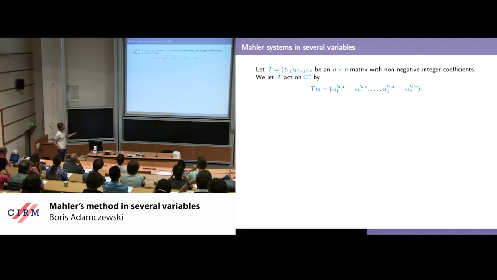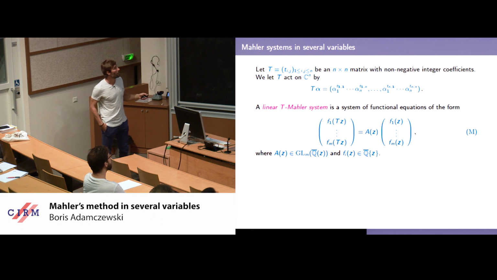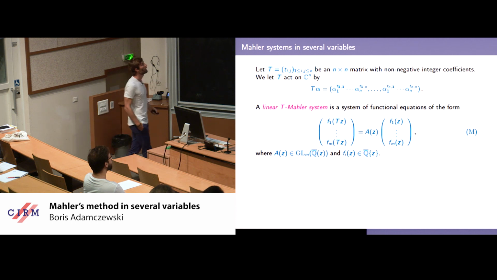Then we consider linear T-Mahler systems, where T is a matrix transformation, and we consider exactly the same kind of systems, but now with several variables. And again, we hope that if we choose some suitable algebraic points in C^n, the algebraic relations between the values of such solutions to such systems should be governed by the algebraic relations between the functions.